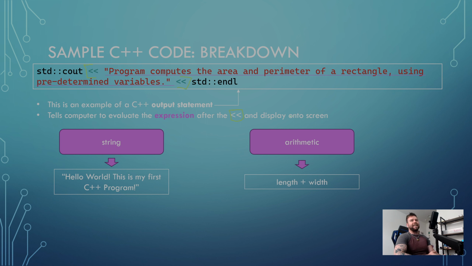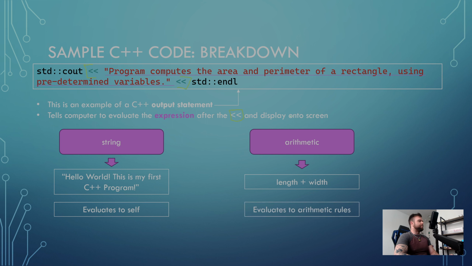We had already defined the length and width to a certain amount, so you could just put that in there and it would output that, as we saw in the slide before. A string is going to evaluate to itself, and arithmetic is going to evaluate according to arithmetic rules. Also, keep this in mind: endl, which is a lowercase e, n, d, lowercase l, causes the insertion point to move to the beginning of the next line.